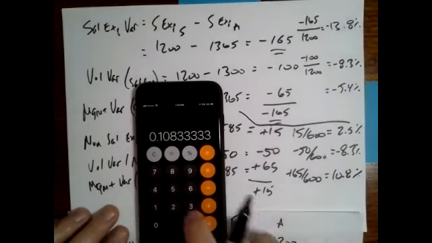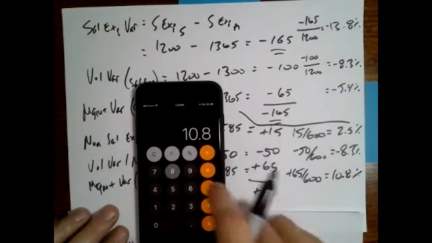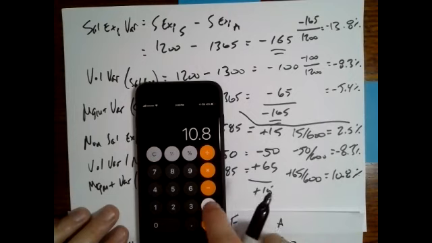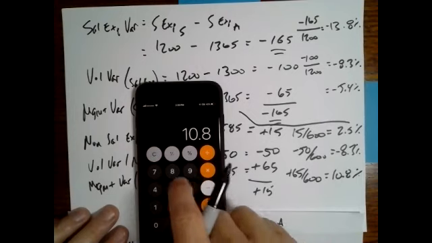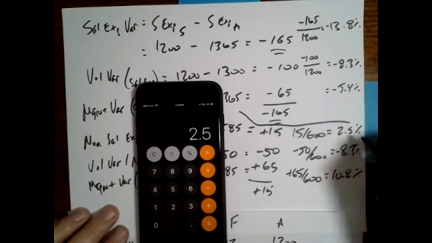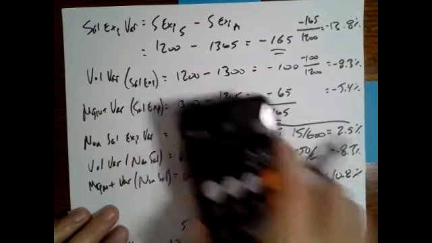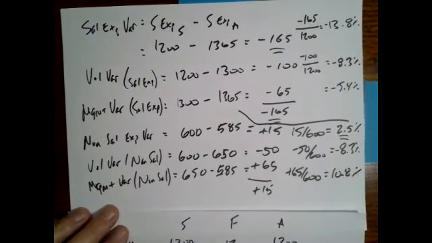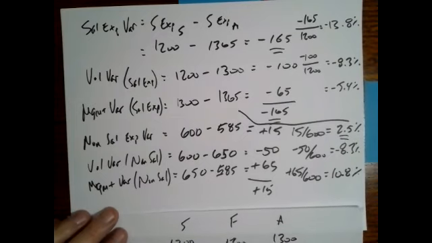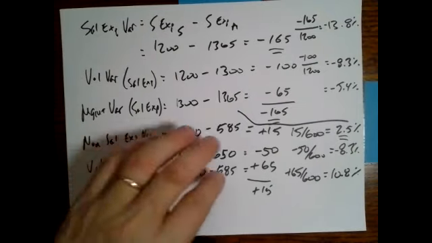So 10.8 minus 8.3 is 2.5, which matches back to our overall non-salary variance. So those all match up.